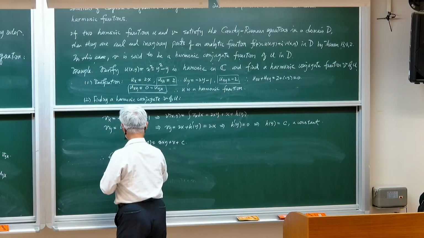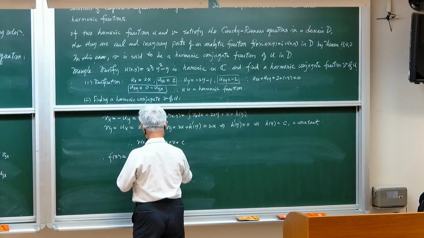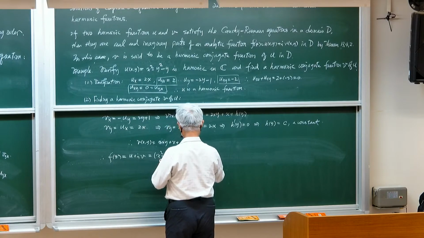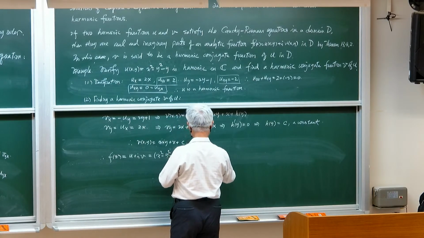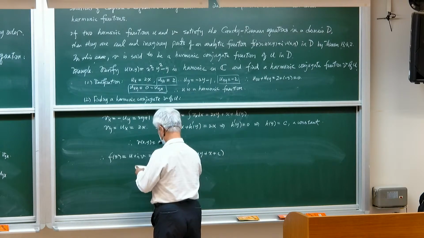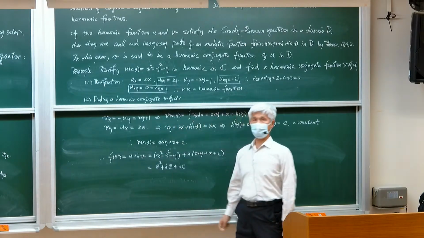And we can see the complex function. So this is x squared minus y squared minus y plus i times 2xy plus x plus a constant. And it is very interesting to know this is a polynomial function.